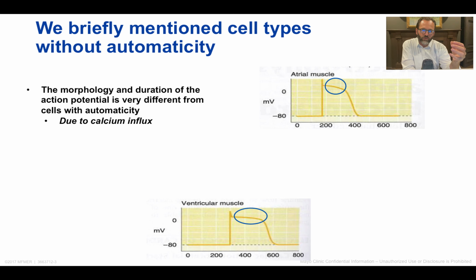And what's interesting, what was observed by a number of students during our discussion, was that the morphology and duration of the action potential in these non-excitable cells is very different than what we observe in cells that have automaticity. And as we discussed very briefly, this is due to a component of the action potential phase where there's substantial calcium influx.